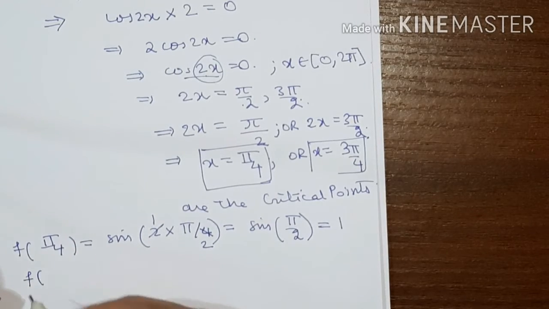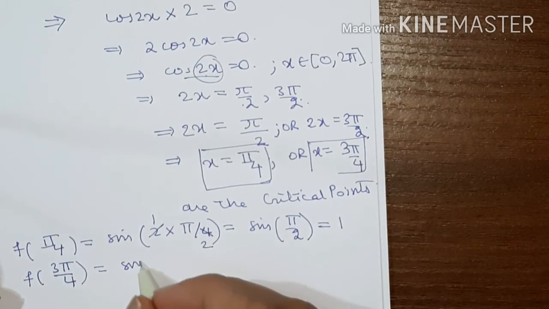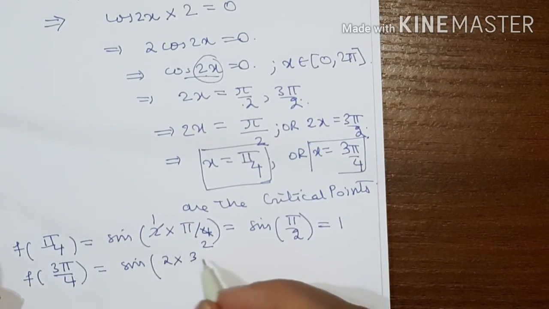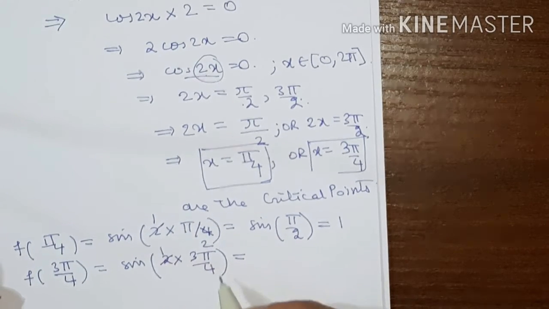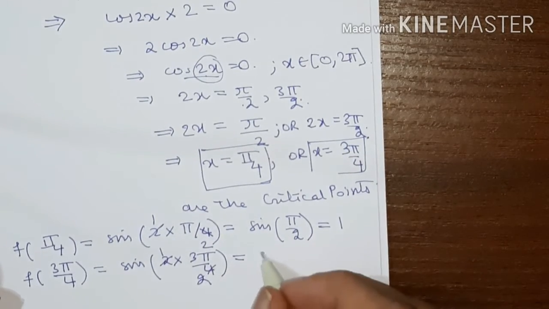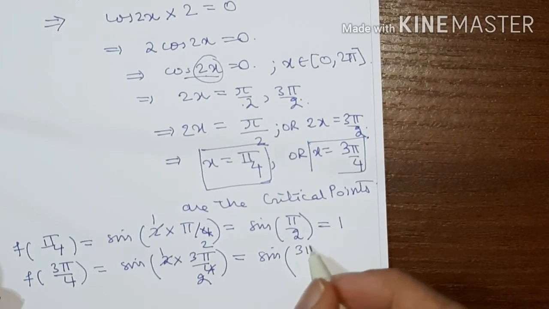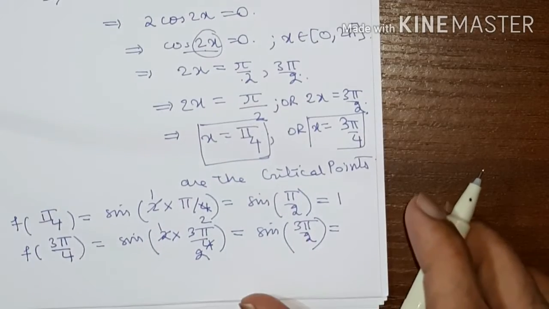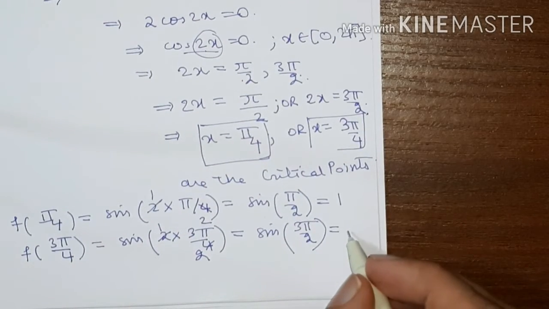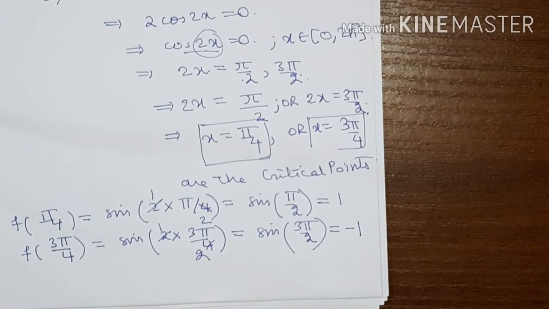Now at the next critical point, f of 3 pi by 4 is sine of 2 multiplied by 3 pi by 4, which is sine of 3 pi by 2. Now you know that sine of 3 pi by 2 is minus 1, right.